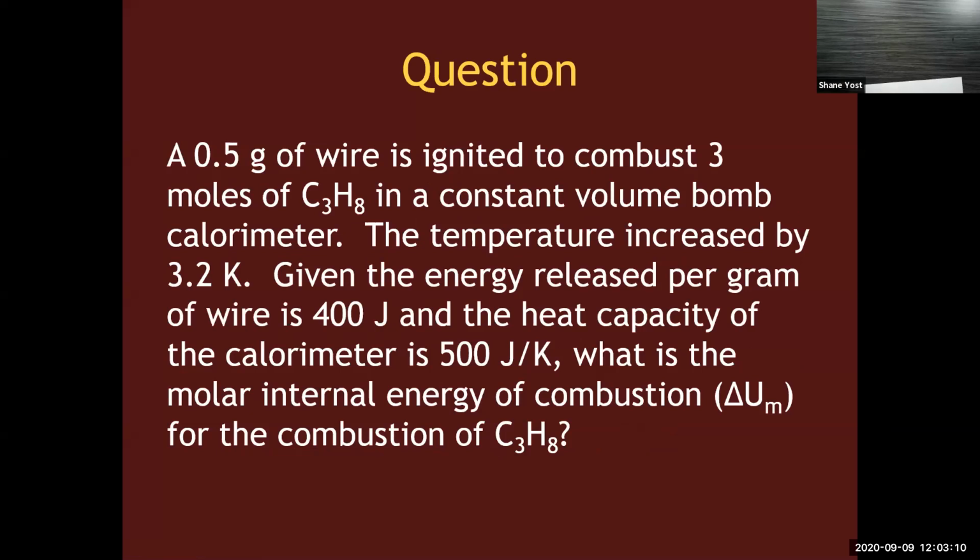I know that when I burn this wire, for every gram that's burnt, I get 400 joules of energy. And I know the heat capacity of my calorimeter is 500 joules per Kelvin. And so the question is, what is the molar internal energy of combustion for the combustion of C3H8?